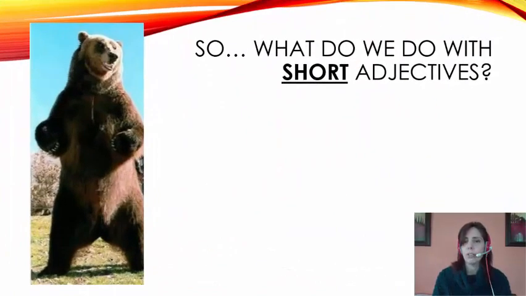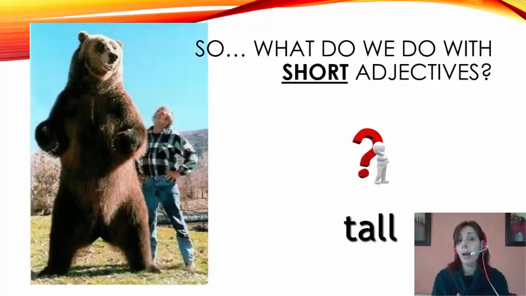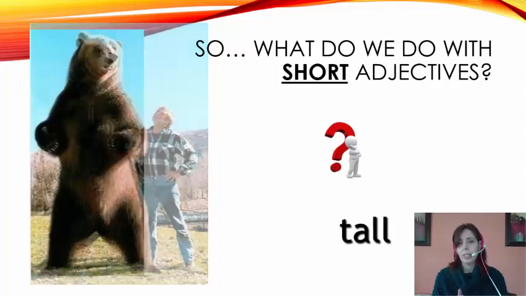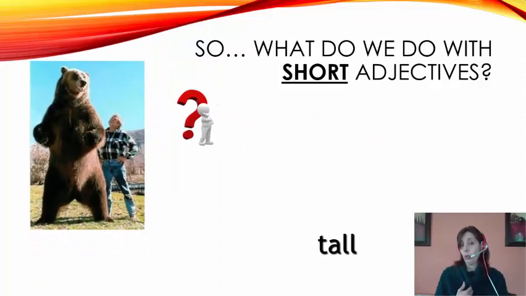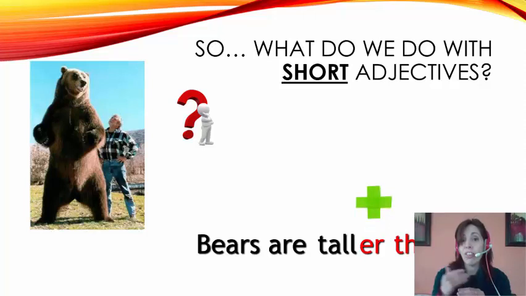Now, short adjectives. This is tricky. Tricky because it's different from Spanish. Yes, but here we go. Tall. If you compare a bear to a human, what do you think? Look at that. So, bears are taller than humans.